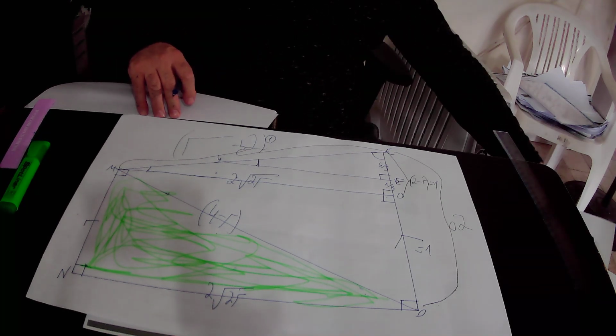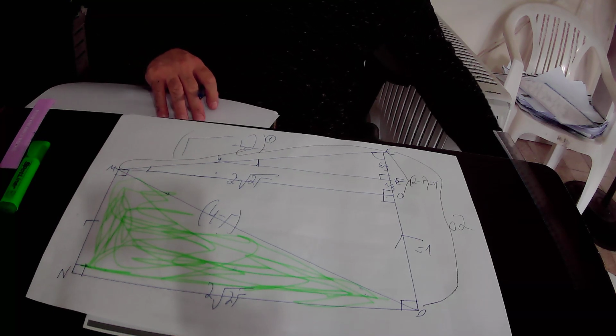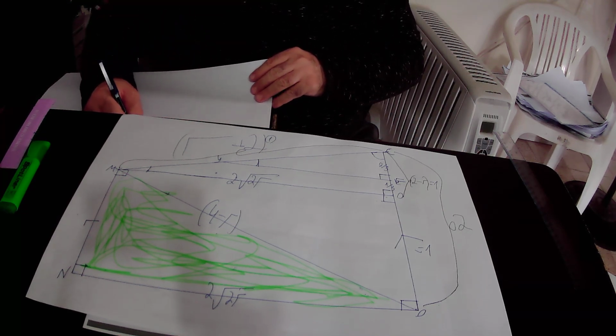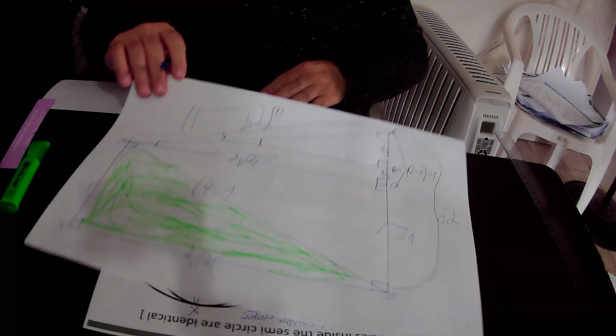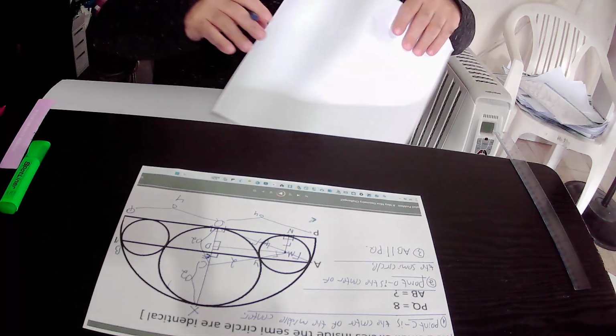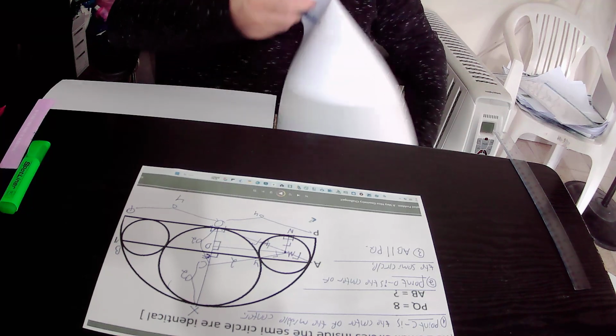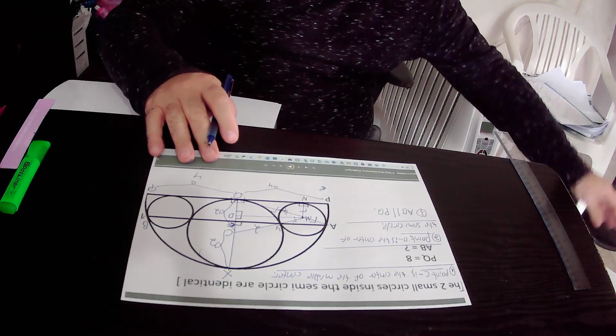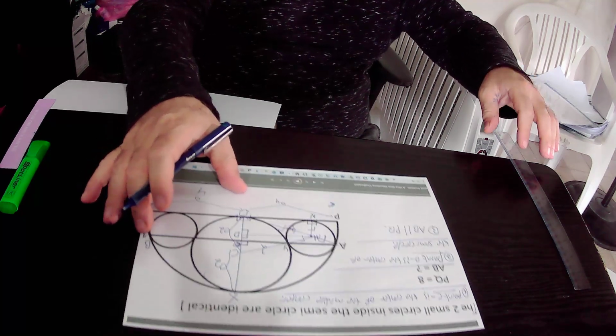So in the next step we will connect together points O and B by a straight line.